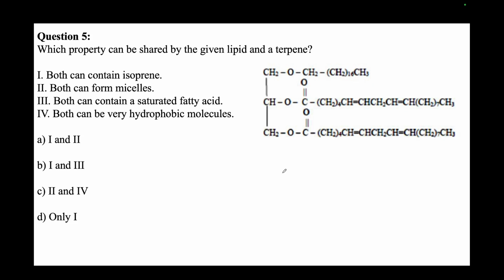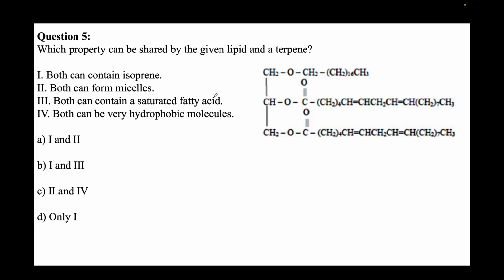Which property can be shared by the given lipid and a terpene? This is the lipid that is given here, and a terpene. Both can contain isoprene, both can form micelles, both can contain a saturated fatty acid, and both can be very hydrophobic molecules.